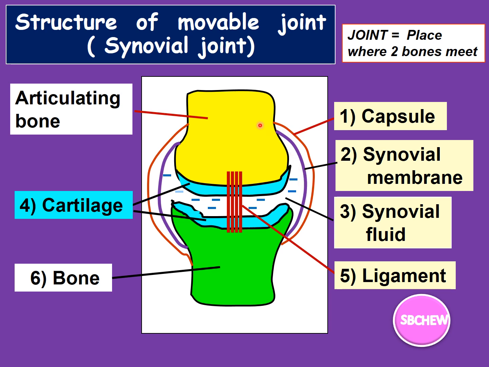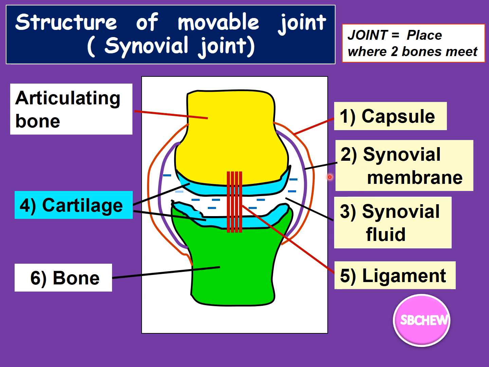So let's start to discuss the function of the parts of the movable joint, by discussing from the outside to the inside. All right. So the whole joint is enveloped and protected by the capsule, which is a tough membrane that surrounds the joint. Then on the inner part of the capsule, there's a second layer called the synovial membrane.